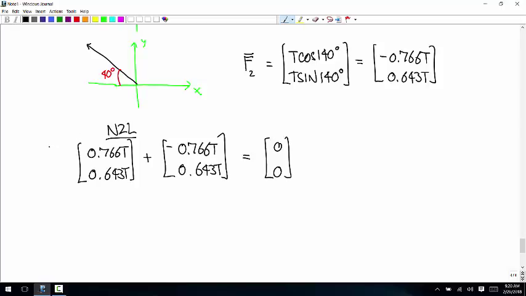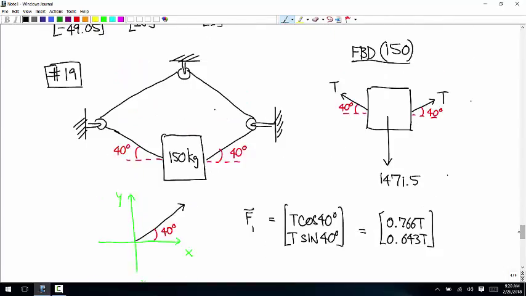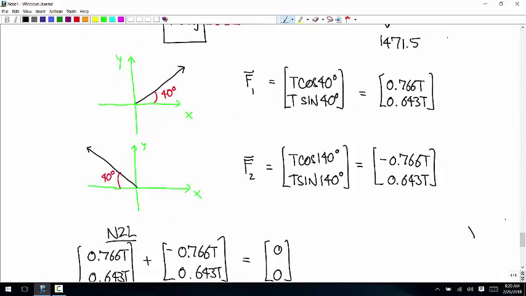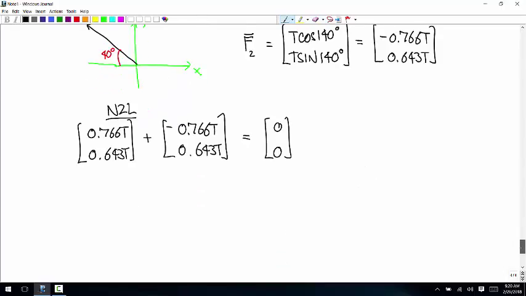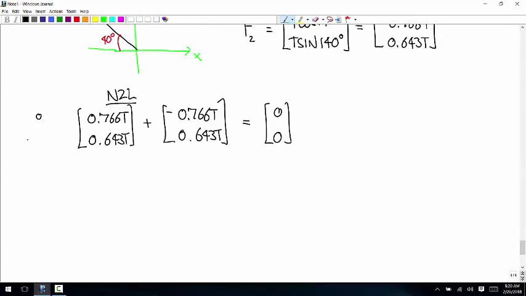Oh, and I forgot the weight. No, it will matter. So this is (0, negative 1471.5).